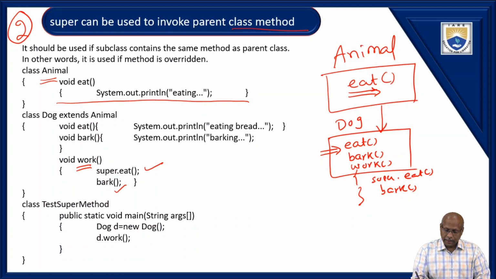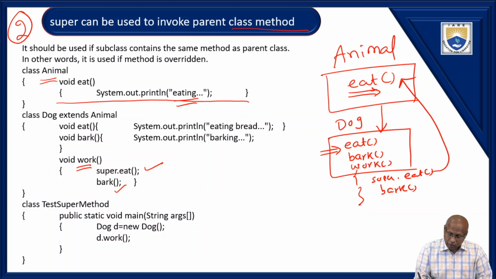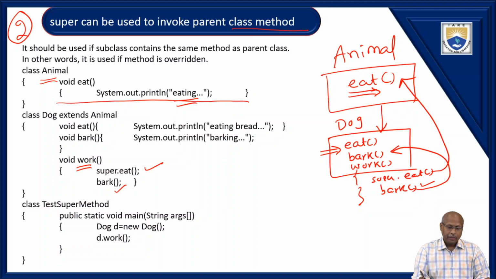So when I call super.eat, control goes here, and it will print eating. After calling super, it calls bark. When I call bark, it goes to its own method. Because there is no parent method, there is no confusion. So control goes to this place, and it will print barking. So this is the nature of the Dog class.